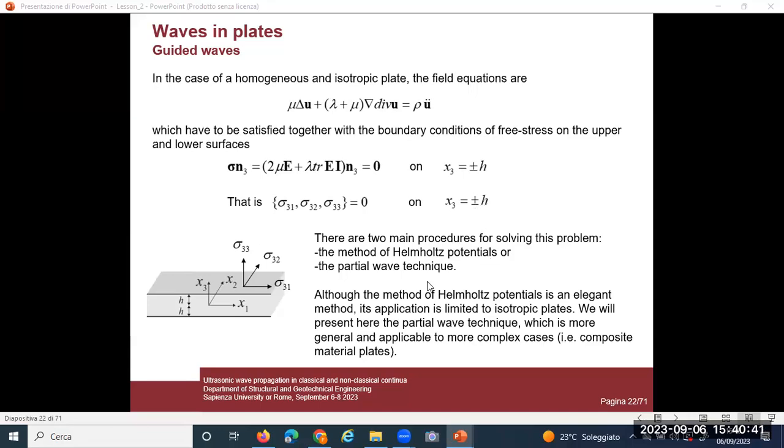How can we proceed to solve this problem? There are mainly two methods. One is called the method of Helmholtz potentials, and the second one is the partial wave technique. The method of Helmholtz potentials is very elegant, but its application is limited to isotropic plates.